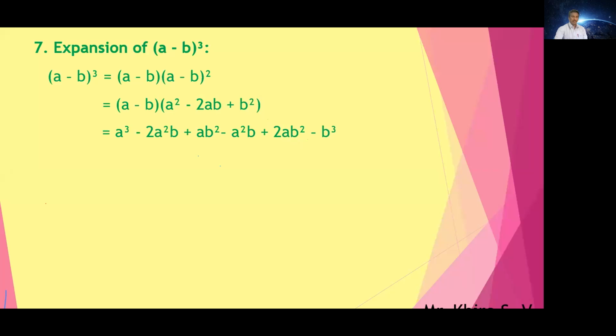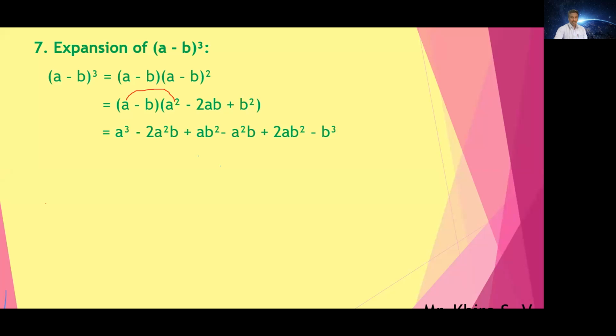Now multiply first bracket to second bracket. First of all, multiply first term of first bracket to the whole second bracket. Then multiply second term of first bracket to the second bracket again.